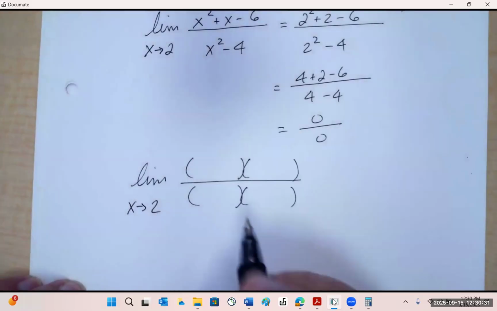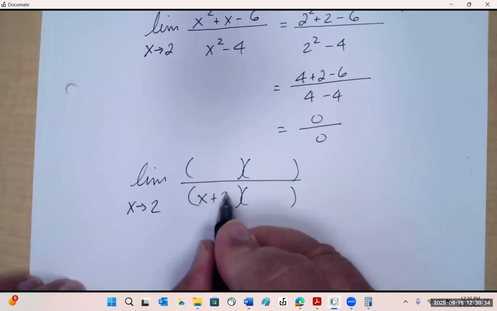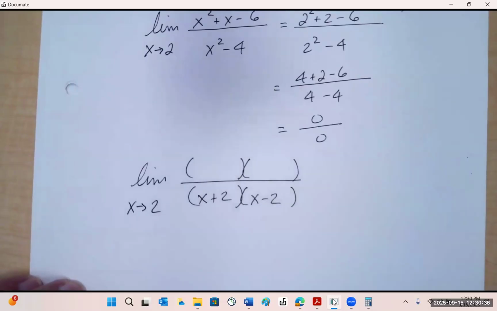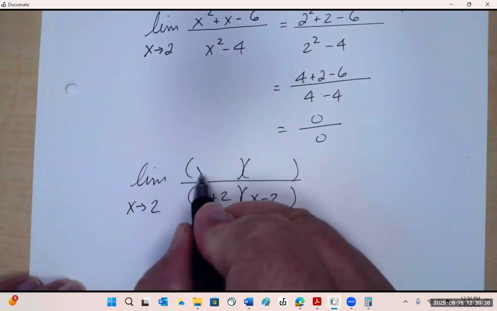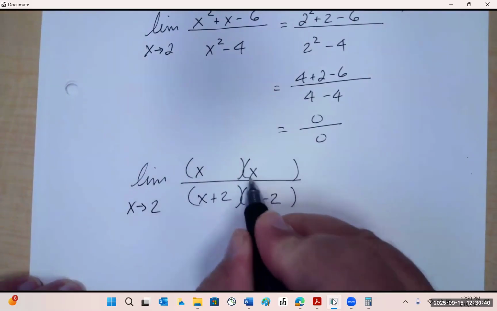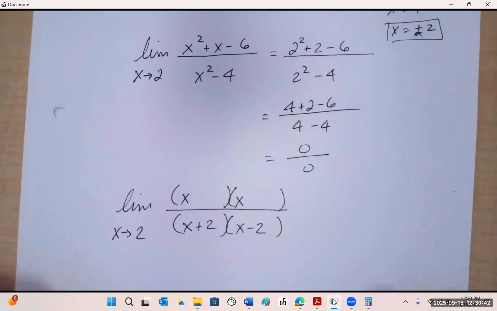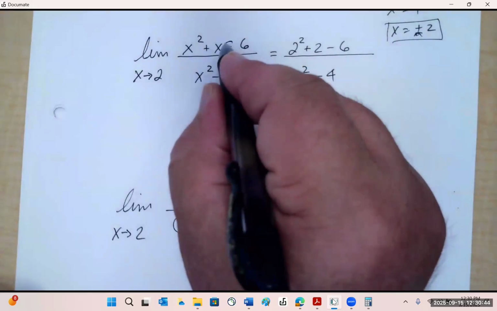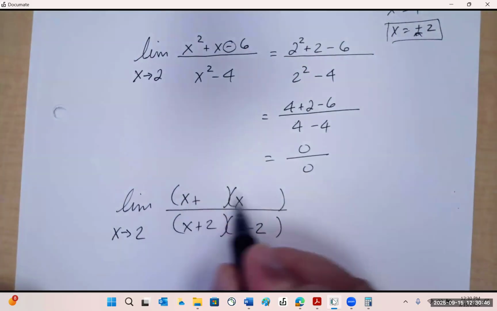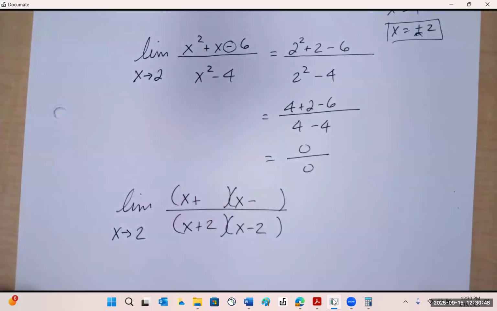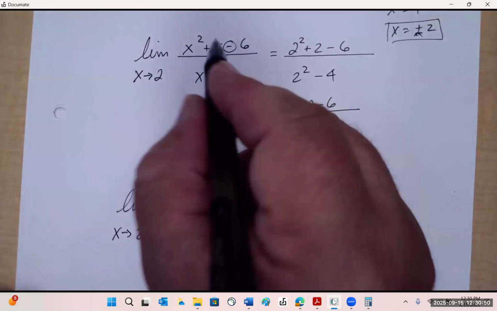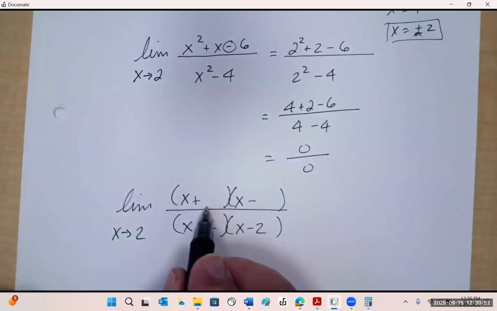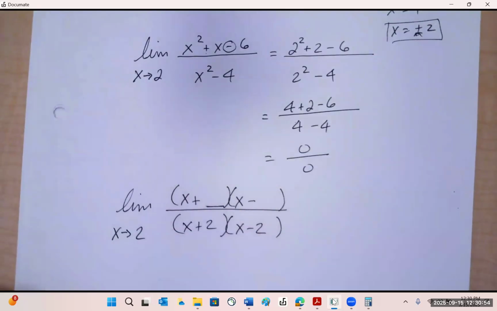Since the bottom is a difference of two squares, it's x plus 2, x minus 2. On the top, we have x and x. The second sign's a minus, so they're opposite signs. And then the first sign's a plus. The bigger number gets the plus sign.